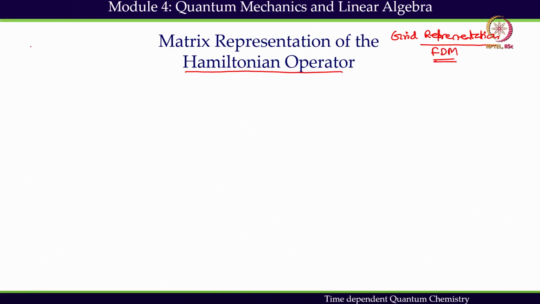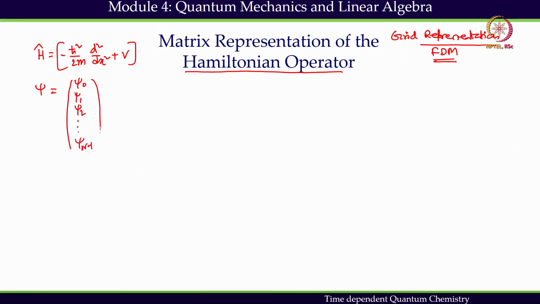So for the one dimensional Hamiltonian, as we know, the Hamiltonian operator is going to be minus h bar square by 2m d2 dx2 plus V. This is your Hamiltonian operator. Under grid representation, we have already discretized the wave function. So the wave function is represented by this: psi 0, psi 1, psi 2, like this, up to psi n minus 1. This is the grid representation.